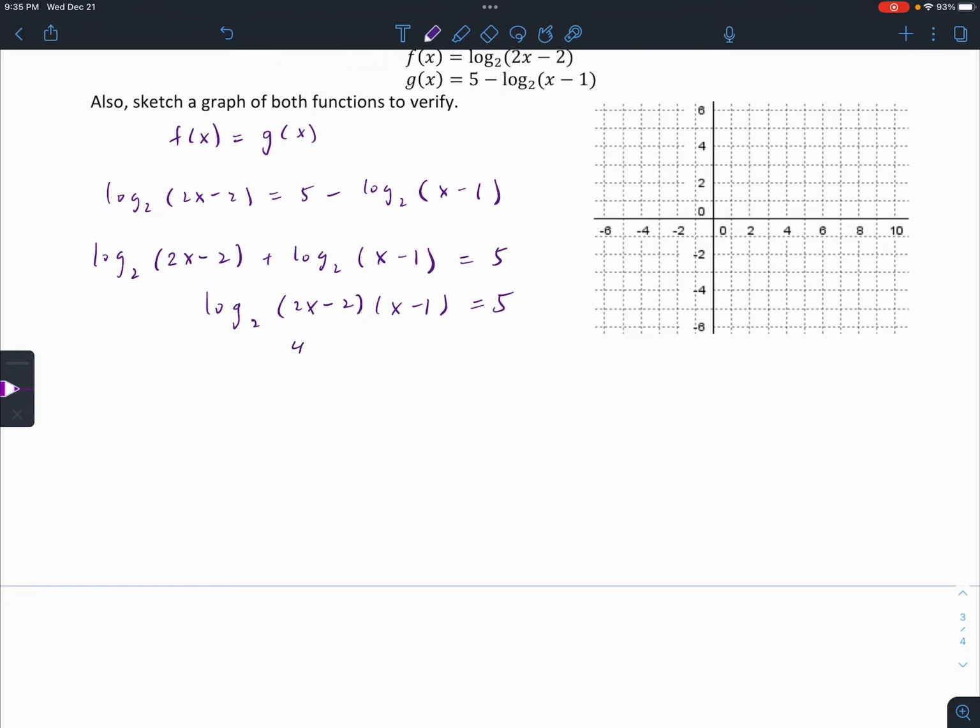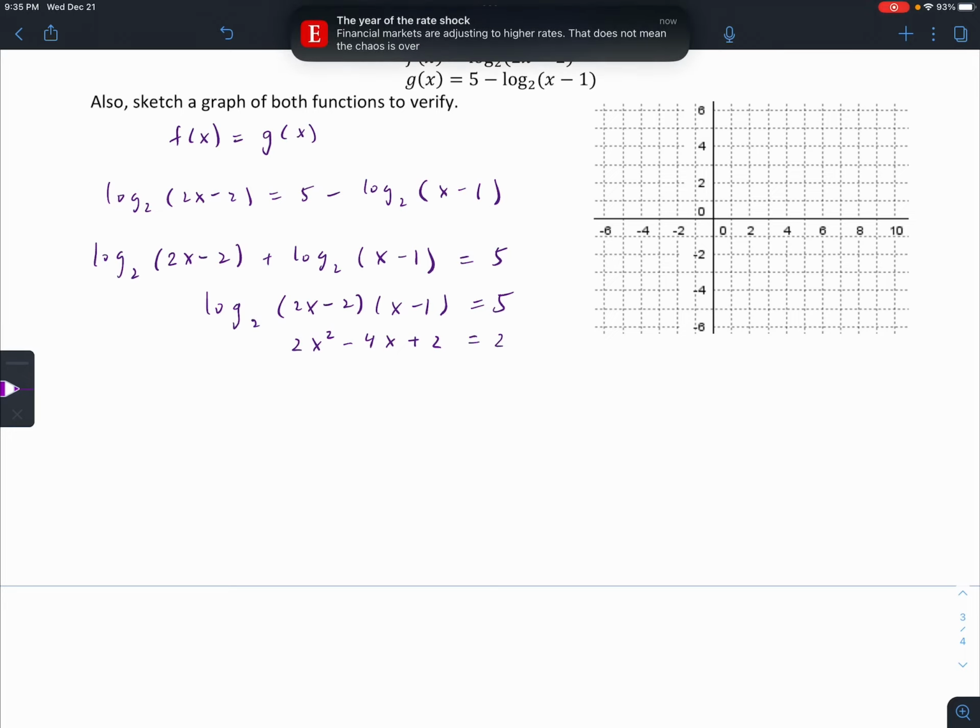We're going to get 4, or actually not 4, 2. 2x squared, so minus 2x minus another 2x, negative 4x plus 2 is equal to 2 to the exponent of 5.